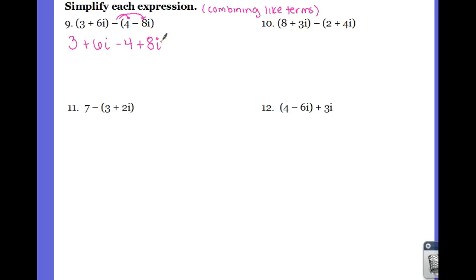We like them to be in a plus bi form. So what that means is that we want the number part to be first. So we're going to combine 3 and negative 4 to get negative 1. They're like terms. They're real numbers. We're going to combine 6i and 8i to get 14i because they're like terms.